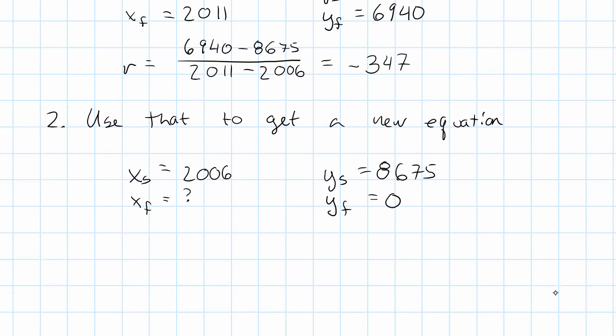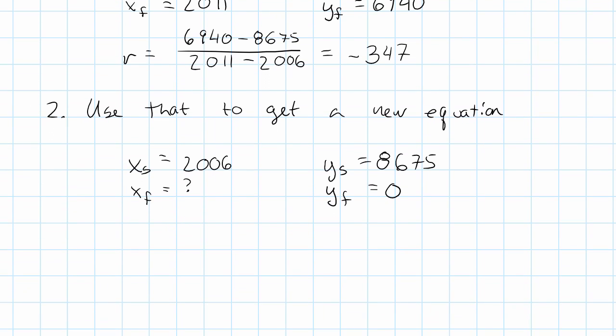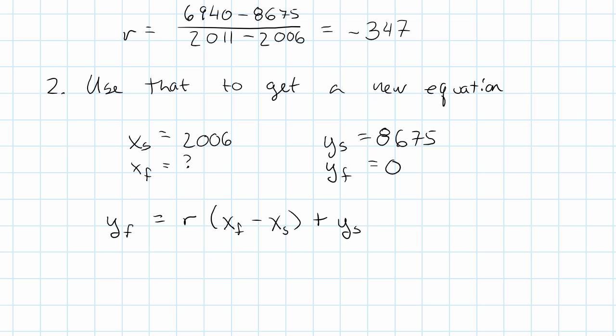Okay, so I have this formula, which means I just need to plug in what I know. Right? My YF is 0. My R is negative 347. My XF is what I want to know. My XS is 2006. And my YS is 8675.